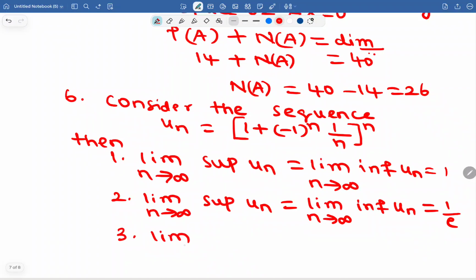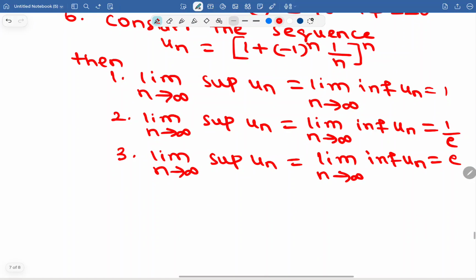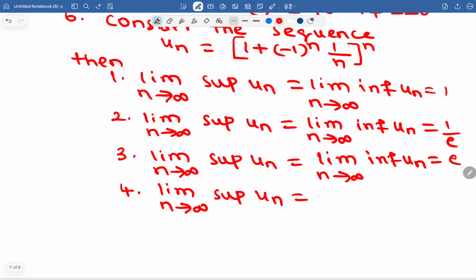Third one, limit supremum of u_n equal to limit infimum of u_n equal to e. Fourth one, limit supremum of u_n is e, limit infimum of u_n is 1 by e.